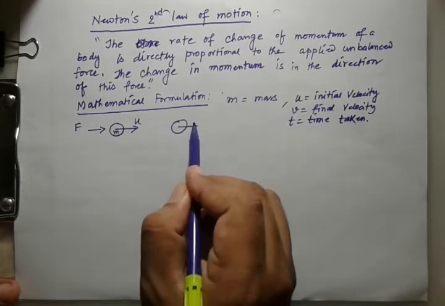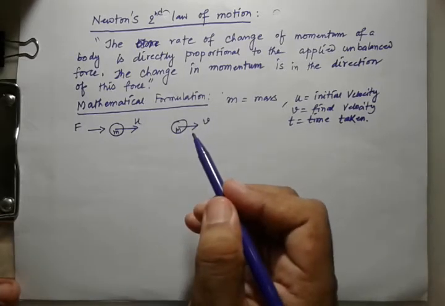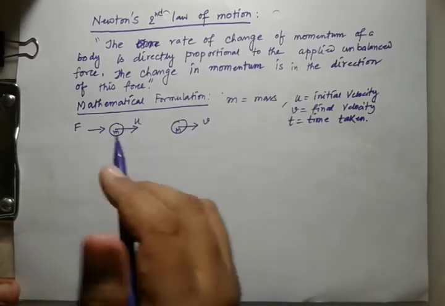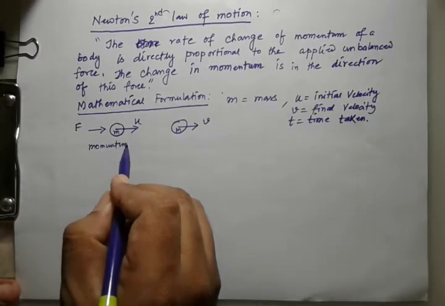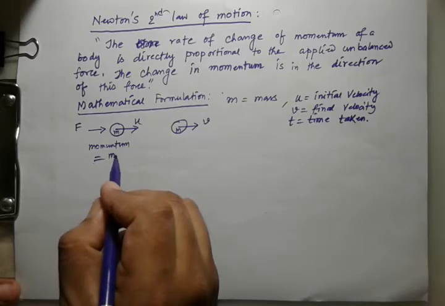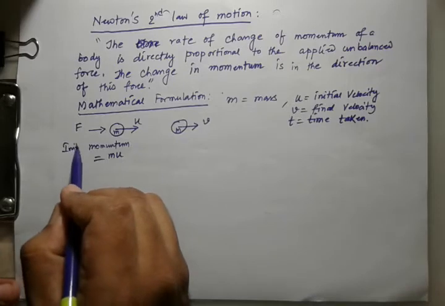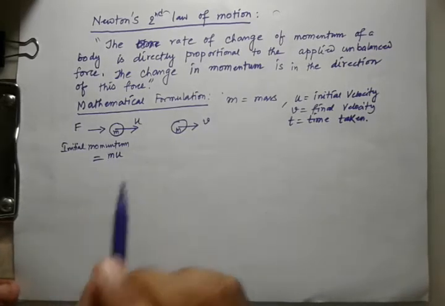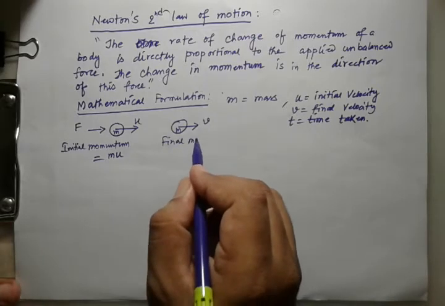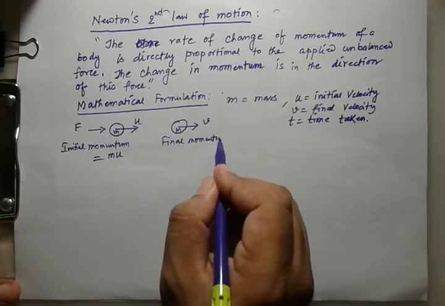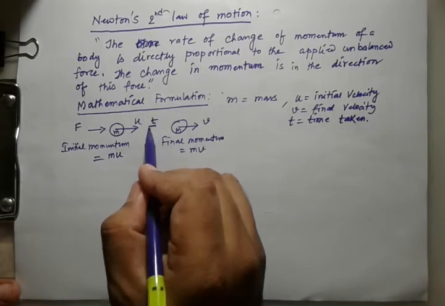The velocity will become v in this direction and the mass remains the same. So the initial momentum is mu and the final momentum is mv. The time t has been taken to do this change.